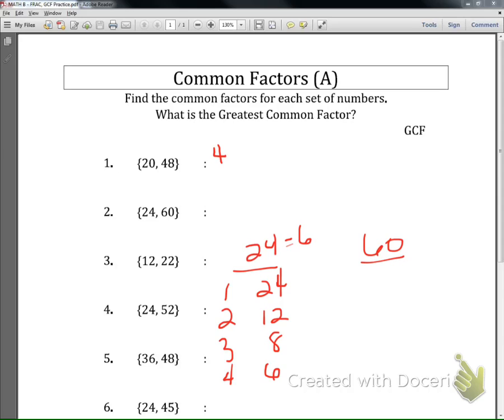All the factor pairs of 60: 1 and 60. 2, yep, that's an even number, so it can go in 30 times. Add up my digits again. 6 plus 0 is 6, and 6 can be divisible by 3, so yep. 60 divided by 3 is 20. Now, I don't think 4 can go into 60. Maybe it can. Let me double check.